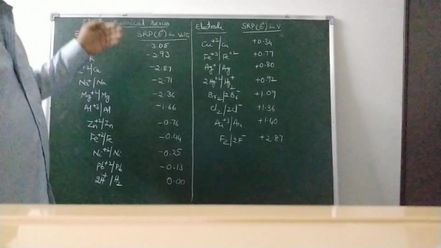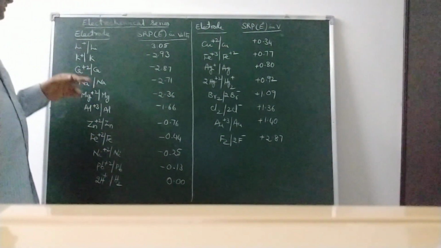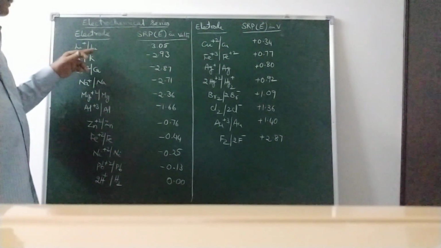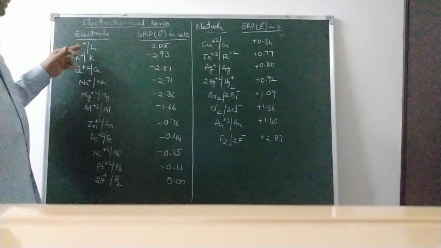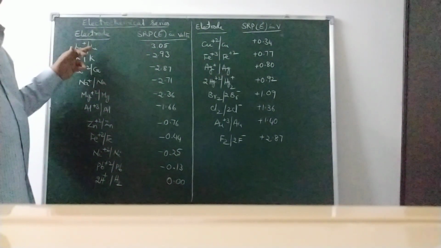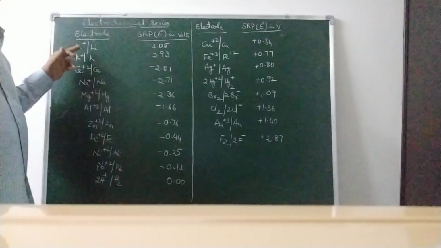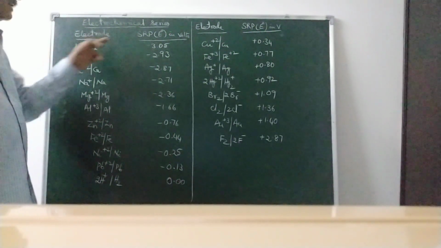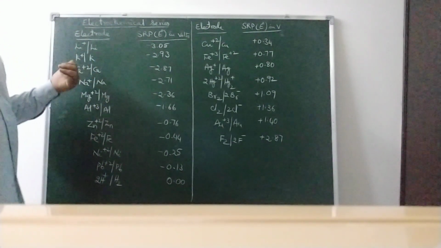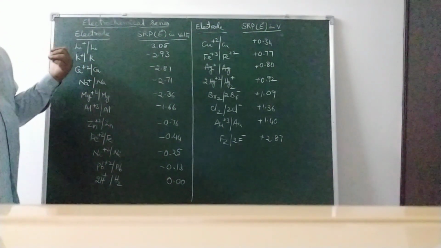So this is the electrochemical series. Here I am writing Li+|Li instead of Li+. Why is it written like this? Li+ becomes Li when an electron is added. Addition of electrons is called reduction. So since we are taking reduction potentials, we have to mention reduction.